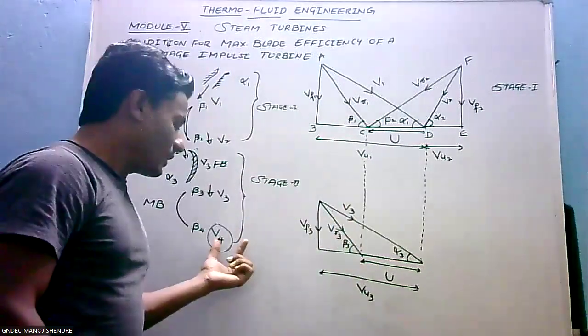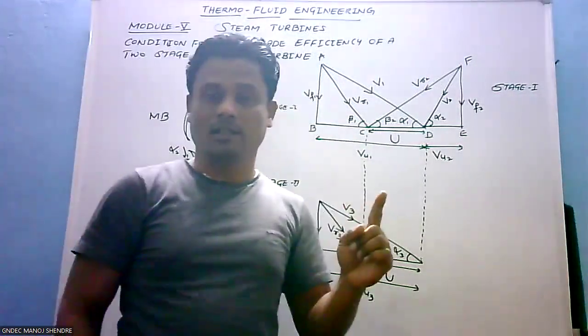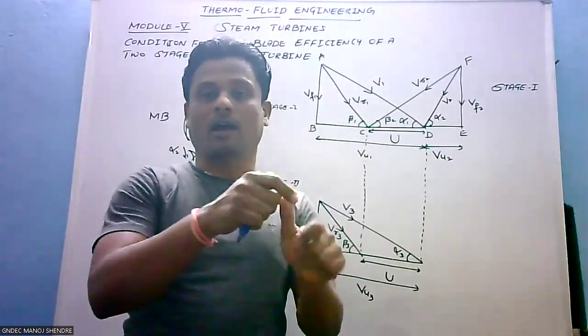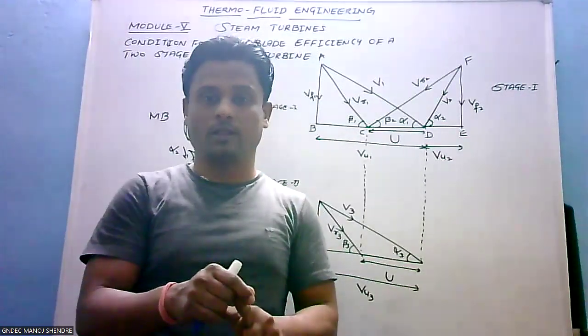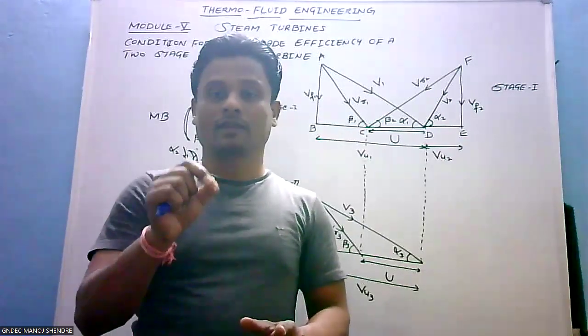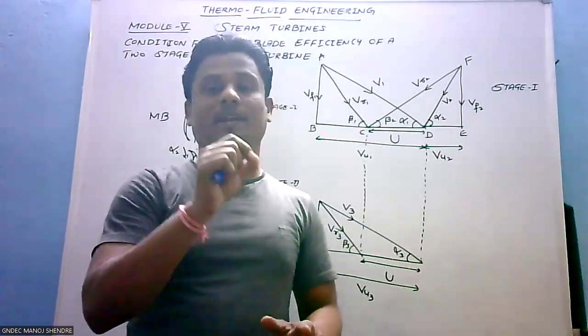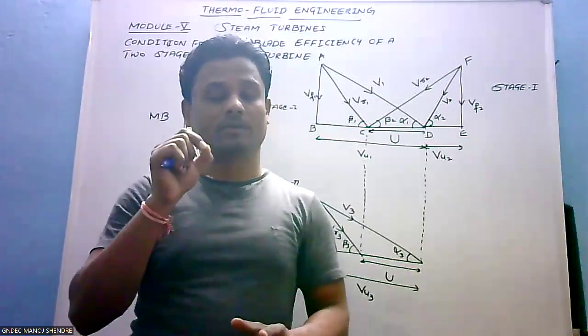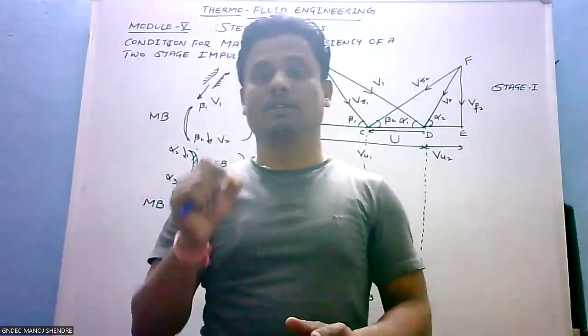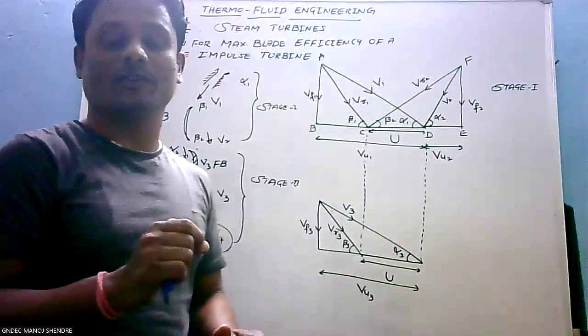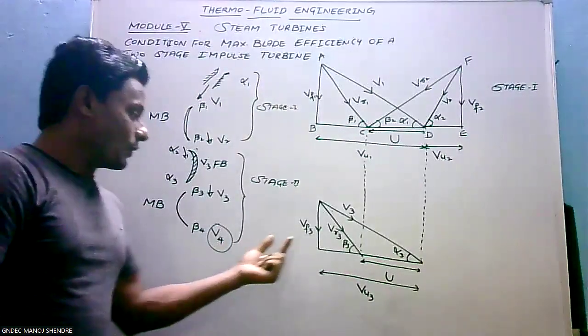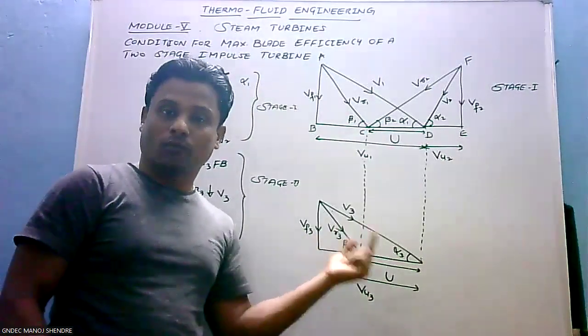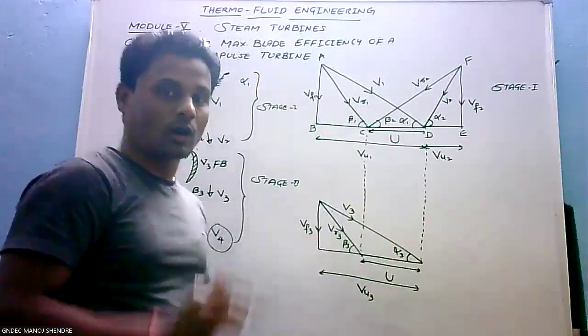So V4 should be perfectly vertical. That means VF4 and V4 both should be equal. In that condition, the obtained blade efficiency will be maximum, when VF4 is equal to V4. How to draw?